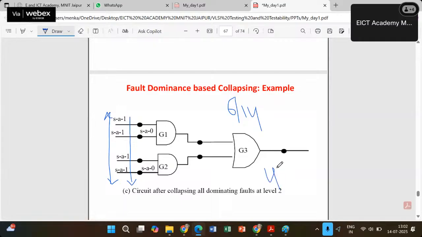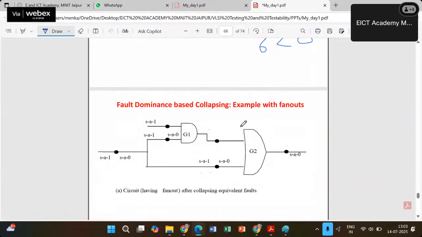If at the inputs only I want to present all single stuck faults, then how many patterns will be available? 4 into 2 means 8 patterns. We can see that 6, which is left, is lesser than the 8 available only at the inputs. So this is after fault dominance and fault equivalence based collapsing.